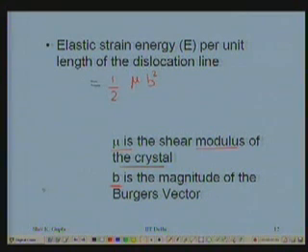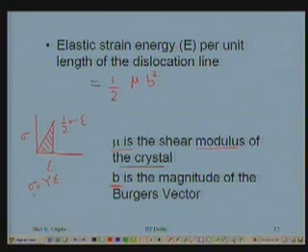You can see a parallel of this in Hooke's law. This is the stress, this is the strain. Energy per unit volume is 1/2 sigma times epsilon, and you know Hooke's law is obeyed, so sigma is equal to Young's modulus times epsilon.